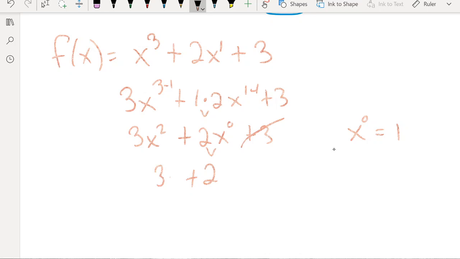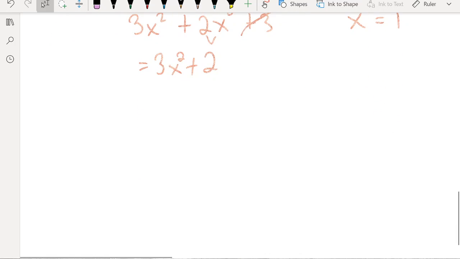So the 2 doesn't go away. The 2 was the answer. Remember, constants go to 0, but that 2 was not a constant. It came from 2x. So the answer to the derivative would be 3x squared plus 2.